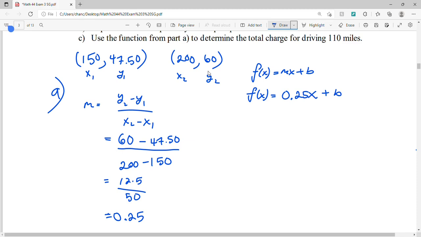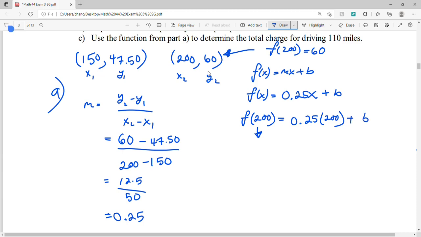We're almost done. We need to find the b. So I'll use any point that I want. I'm going to use this one because it has nice whole numbers. This ordered pair implies f of 200 should get a total charge of 60. So f of 200 should be equal to 60. f of 200 means I need to substitute that 200 into my equation, but f of 200 is 60.